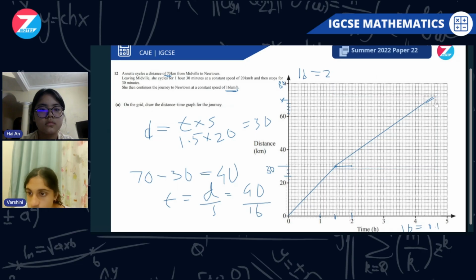Just make sure you're using a scale when you trace these, and make sure it ends at the right point. Okay, so there we have our distance-time graph.